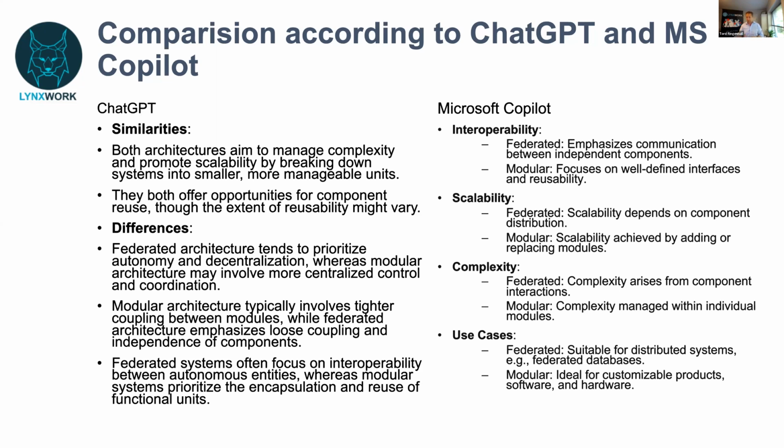And the complexity comes from different parts in a federated. Then there's a complexity in the interactions between components. And in modular, the complexity is more managed within individual modules. So we see, just based on the AI, there are some differences here.